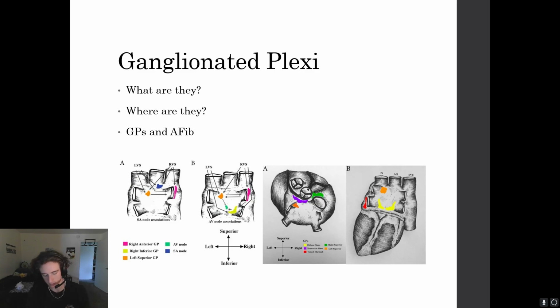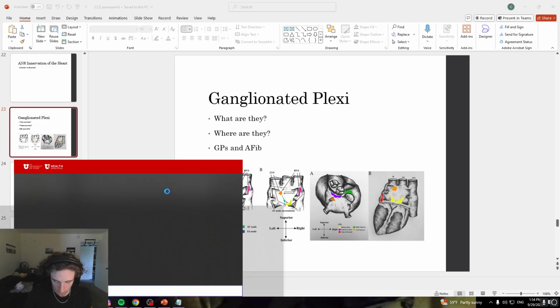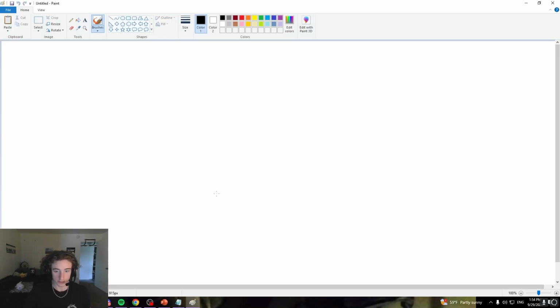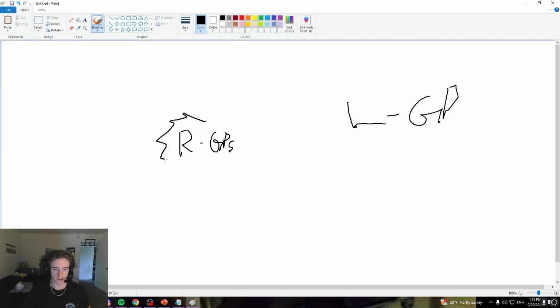I'll just draw it out real quick in Paint. So we have left GPs and then right GPs, and then the site here.